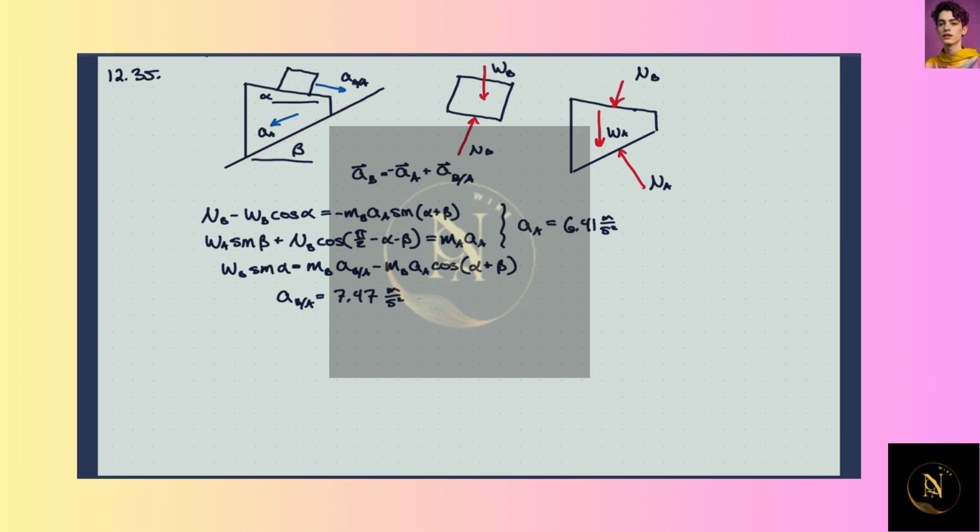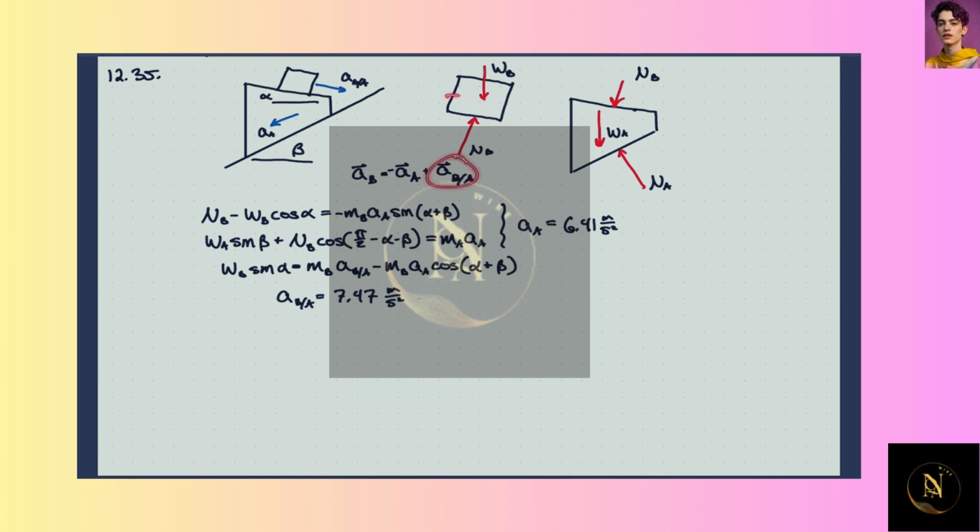Now, if we do force balance in this direction here, then we have W_B sine of alpha, and there's no component of this in that direction. And for the acceleration, we have to look at this as the acceleration of A with respect to B. This vector is in that direction.